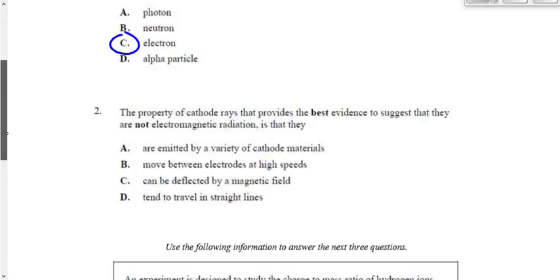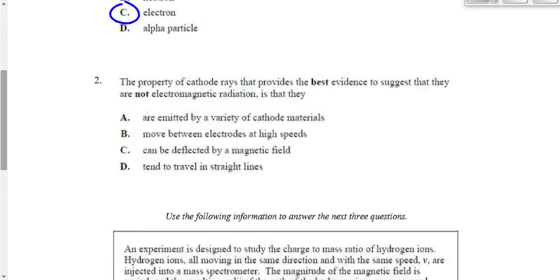It is the electron. 2, the property of cathode rays that provides the best evidence to suggest that they are not electromagnetic radiation is that what? What's the answer to this one? This one's not a crazy hard question, but it's a little bit harder than the first question. Blake, what do you say for this one? How do you know that they're not EMR?